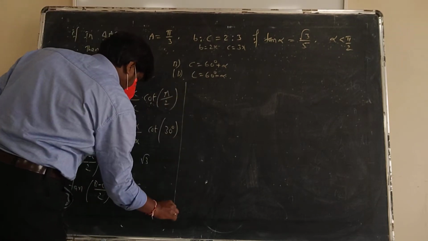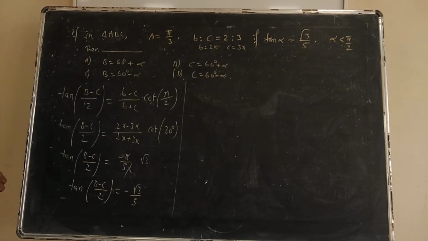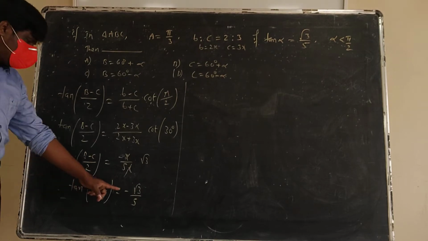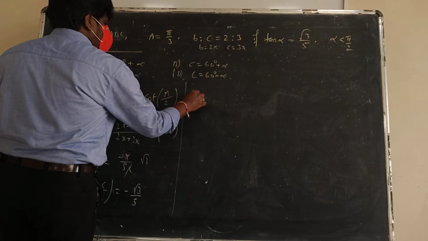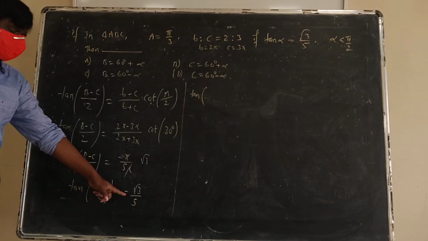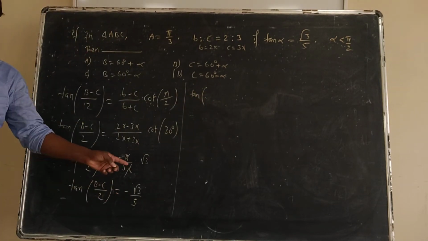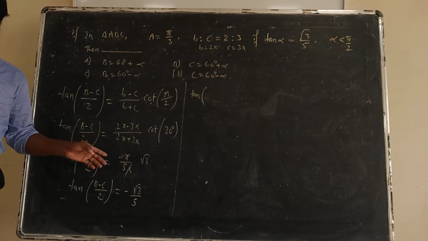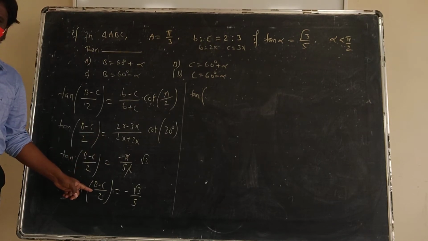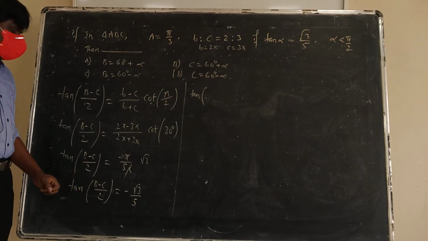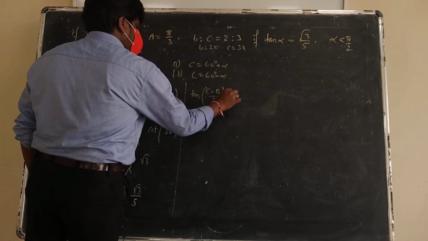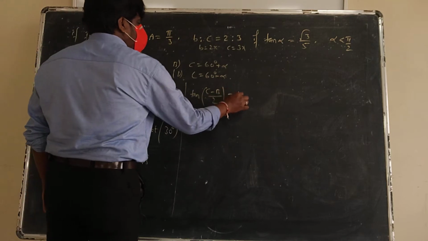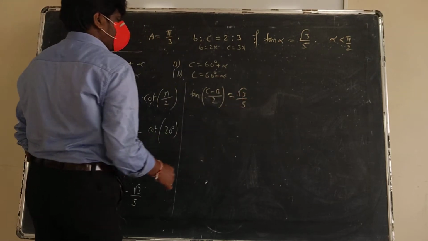So here I can take minus common, applying minus on both sides. Tan of minus theta, it will become tan of (C minus B) by 2 is equal to root 3 by 5.